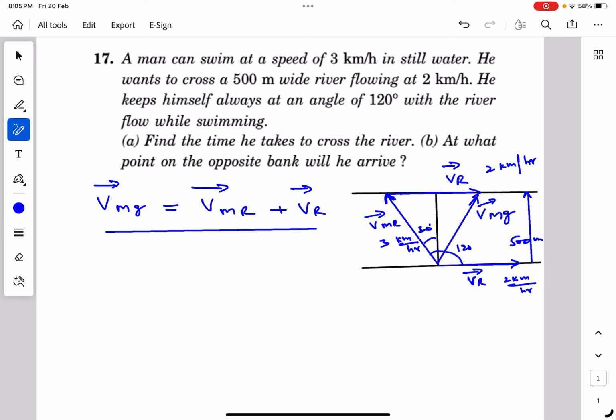Let us take this as the x-axis and this as the y-axis. Now let us equate the components of this equation in the y direction.